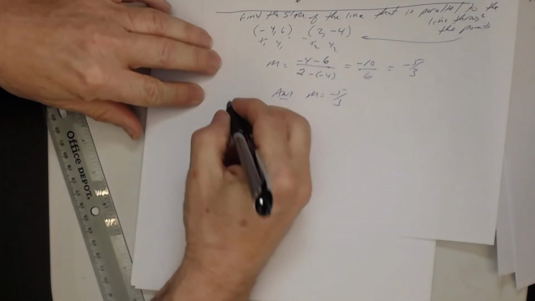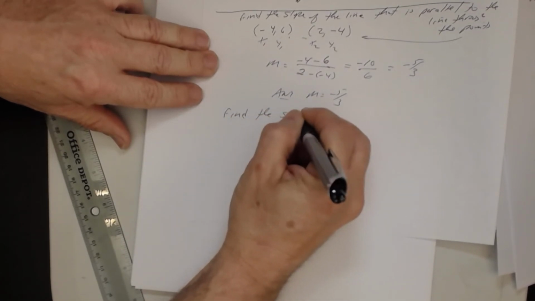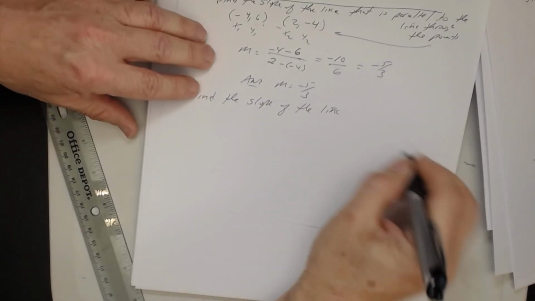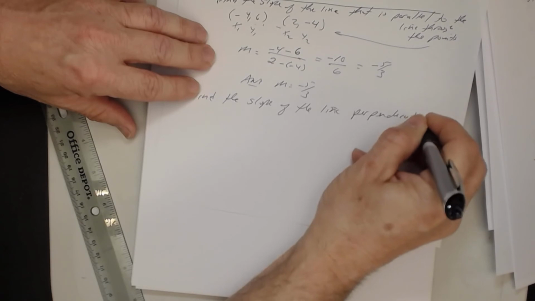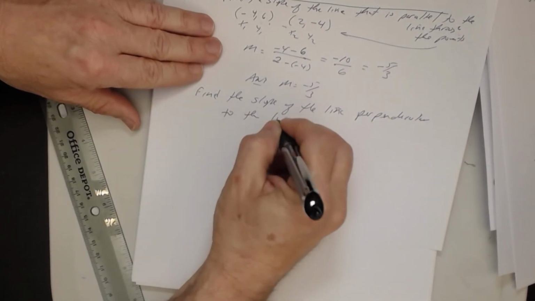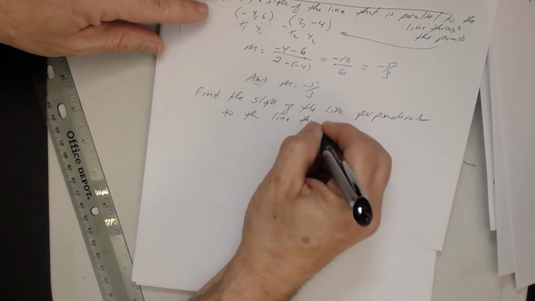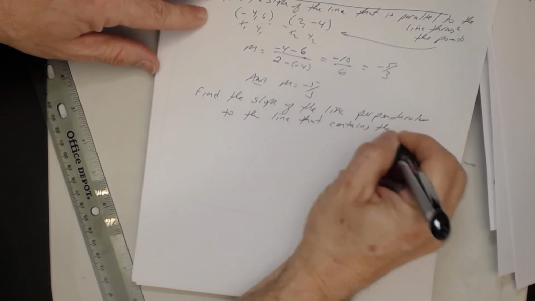All right, now let's change it around. Let's say we had this. Find the slope of the line perpendicular to the line that passes through or that contains the points.